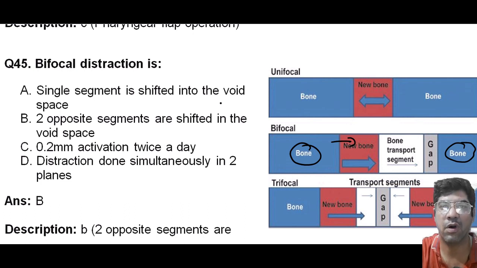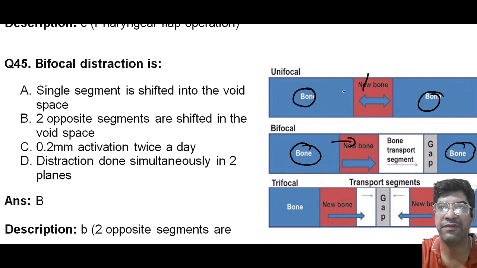Unifocal distraction involves the separation of bone across a single osteotomy. That means a single cut in the bone.